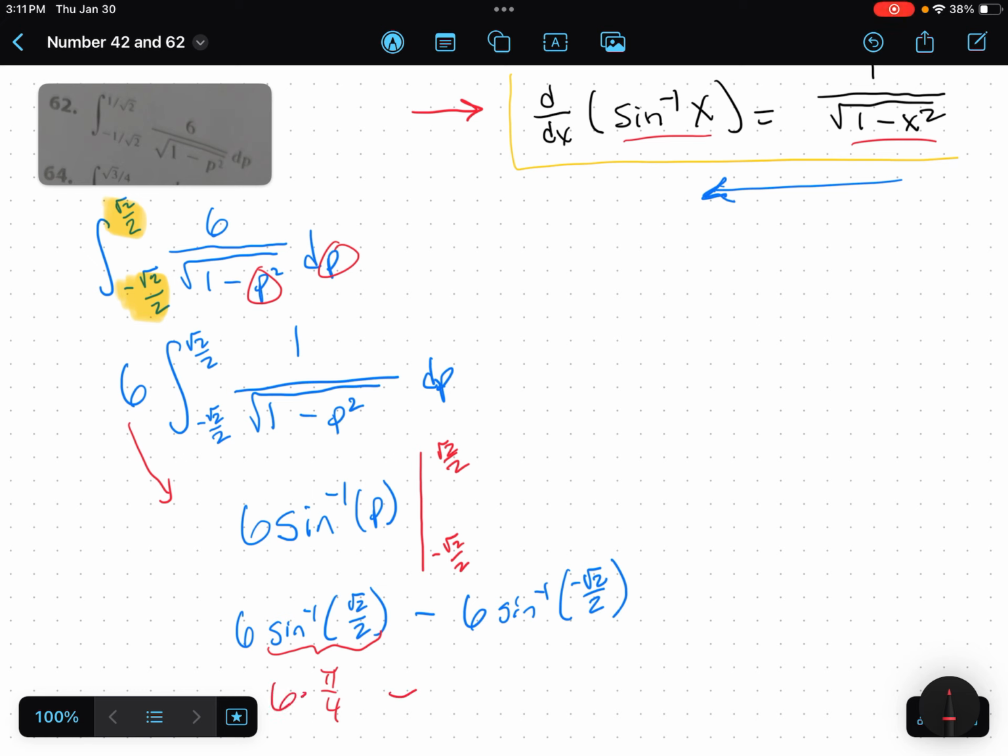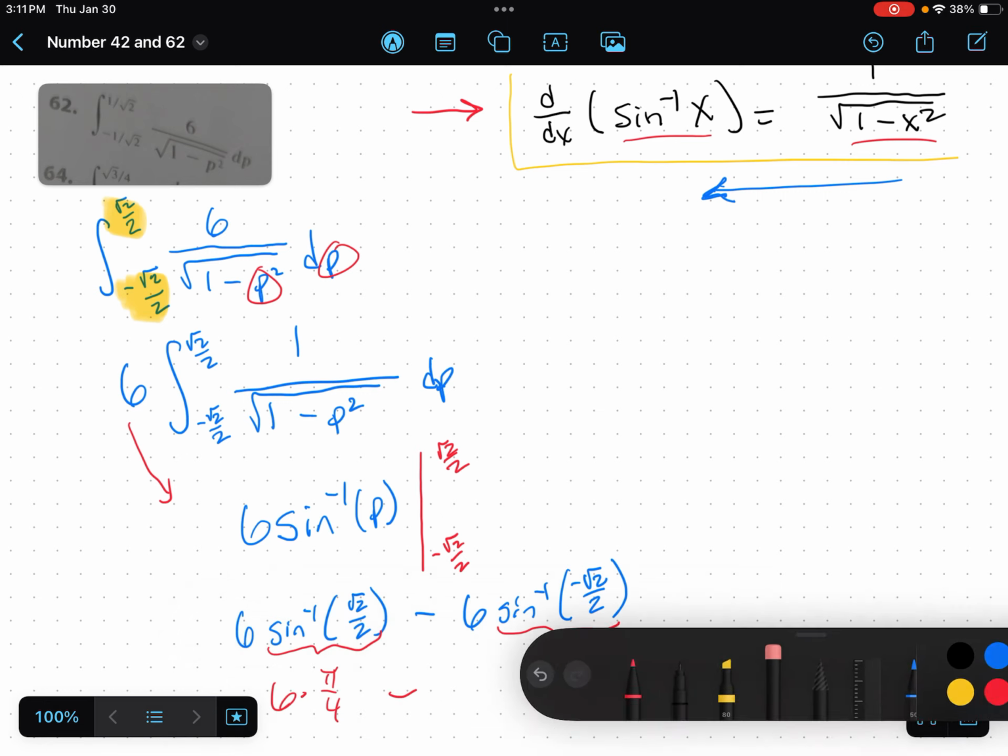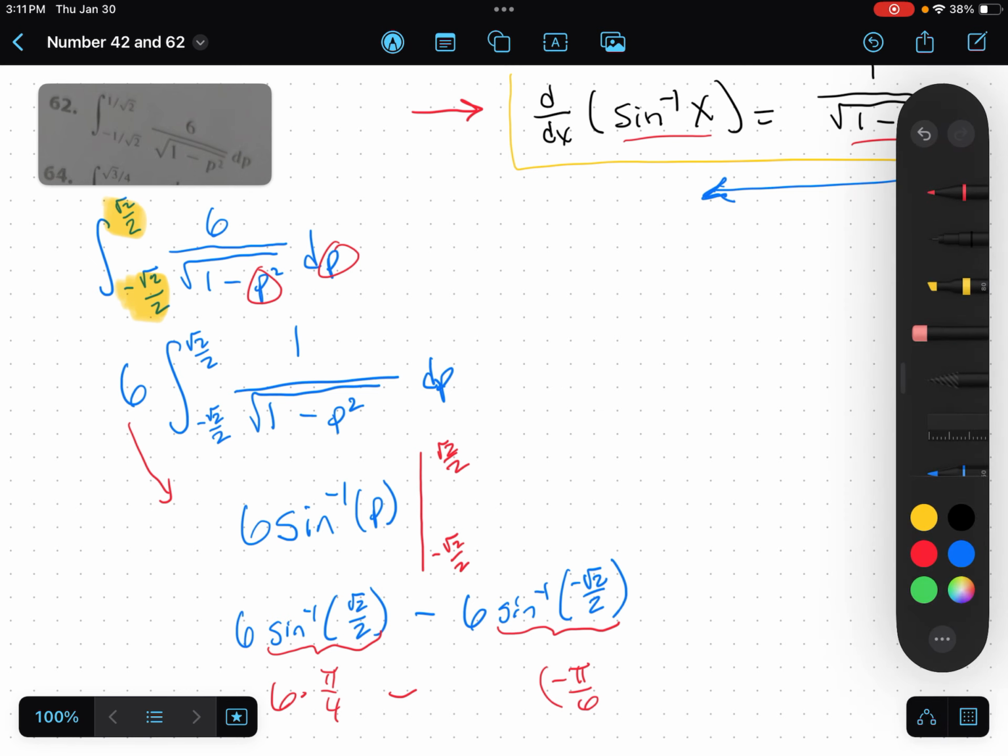And then the angle that gives you a negative square root of 2 over 2 in the domain for the inverse sine function is negative pi over 4. And we're going to multiply that by 6.